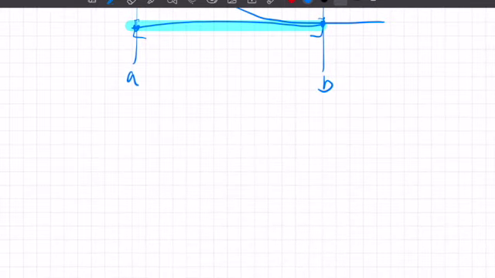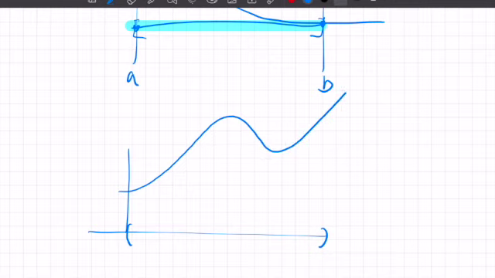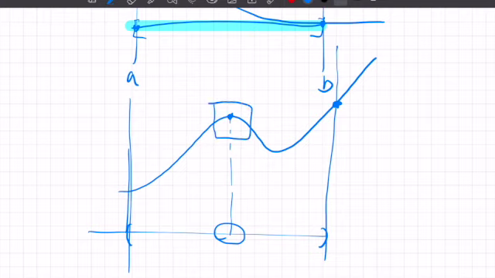But sometimes we are interested in local properties, which means we have a function defined on some interval, maybe an open interval. Within this interval, the real maximum value, the global maximum value, may be here. But if we look only around this region, this value is the maximum value within some small region here.